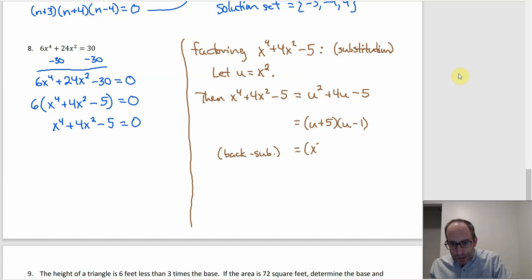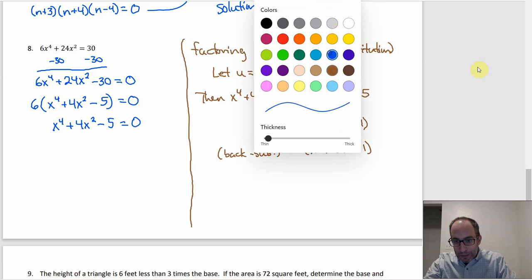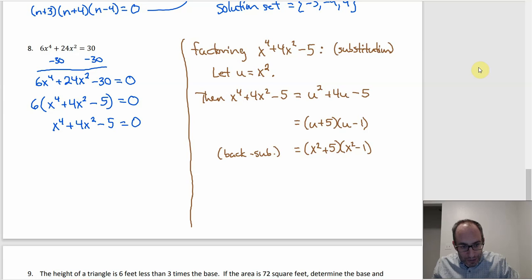So we'd have x squared plus 5 times x squared minus 1. Okay, this is usable, right? So now, if I go back to blue, I'm going to put it over here on the left side. So we'd have x squared plus 5 times x squared minus 1.